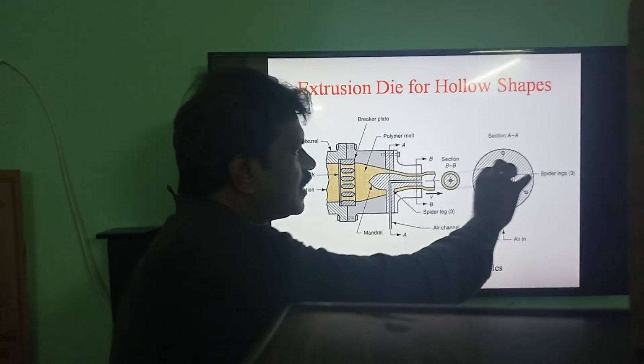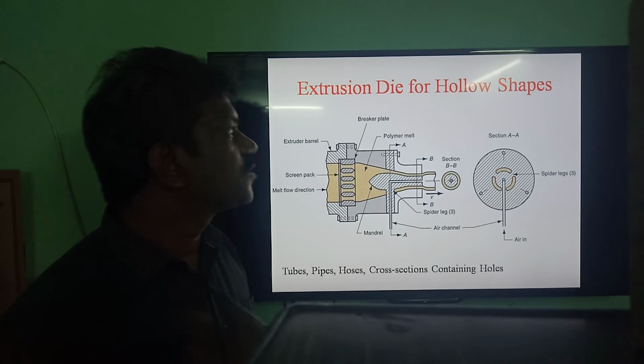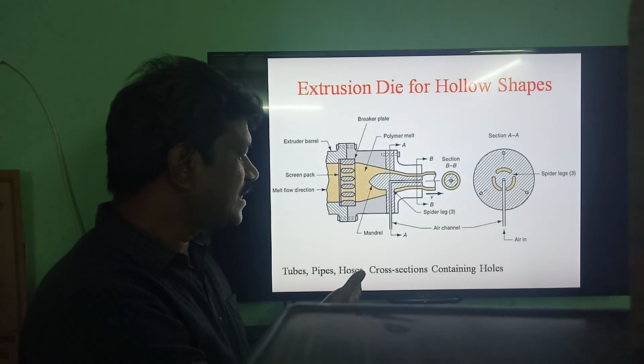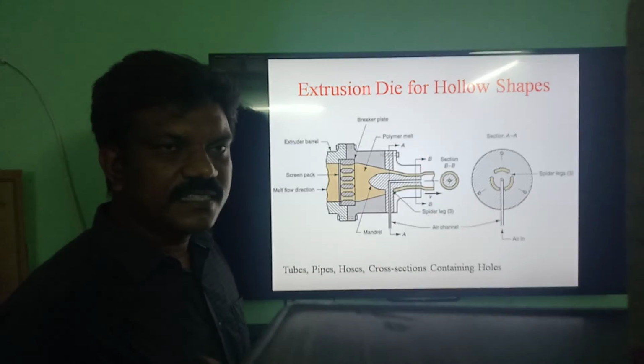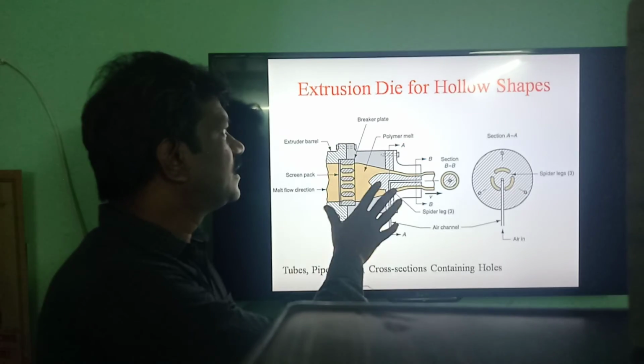Therefore, the uniform diameter is maintained. Clear? So this is called extrusion of hollow-shaped products. Normally the tubes, pipes, hoses, and any cross sections having holes at the center can be manufactured by means of this die.